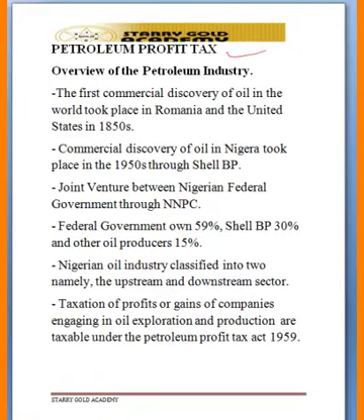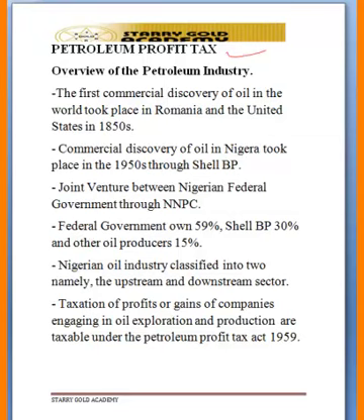Oil was discovered in Nigeria in the 50s. After the discovery of oil, we all know what the agricultural sector is like now. Then came up the issue of joint venture between the Nigerian federal government through the NNPC.